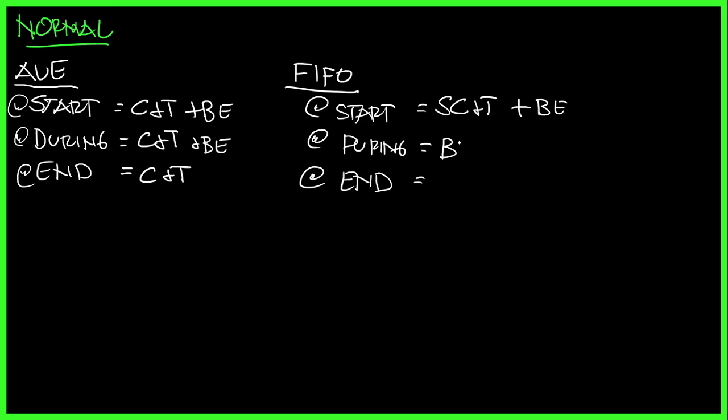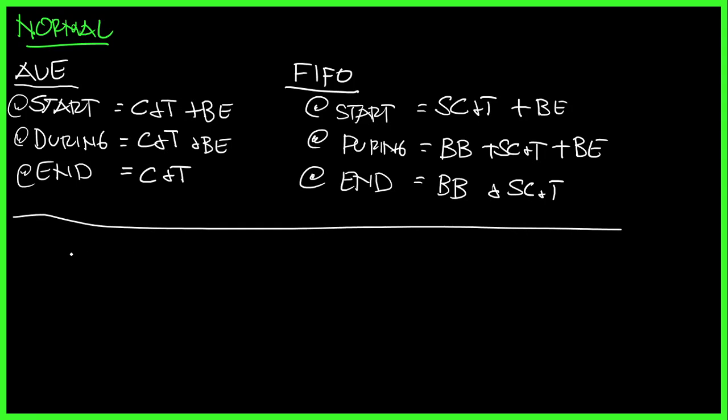Okay, it will be allocated using the beginning balance and your started, completed, and transferred units plus the balance end. What if it was found at the end? Then it will be allocated using the beginning balance and the started, completed, and transferred units. Okay, so ayun, eto kapag normal. Pero paano naman kapag abnormal?